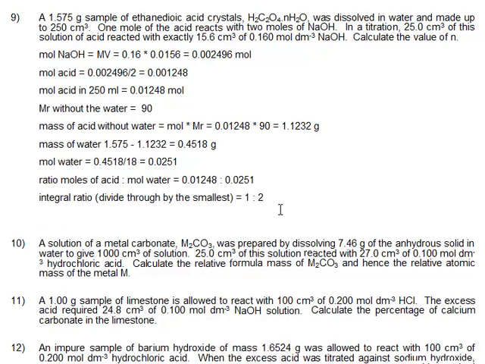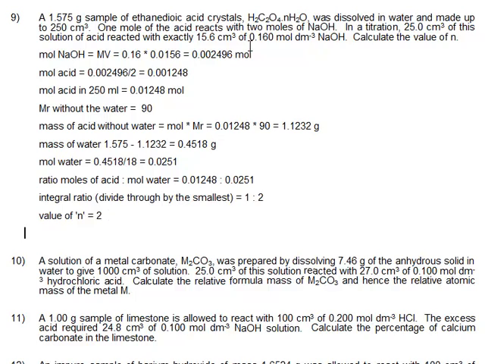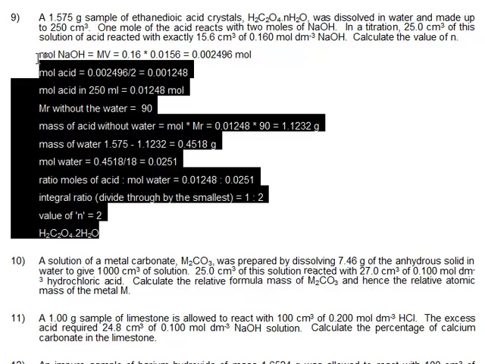So in other words, the value of x is 2. So it's actually n, the value of n is 2. So the formula would be, just replace that n with a 2, and that is the entire solution.